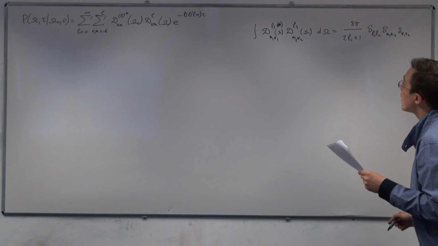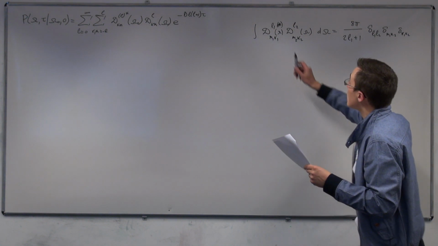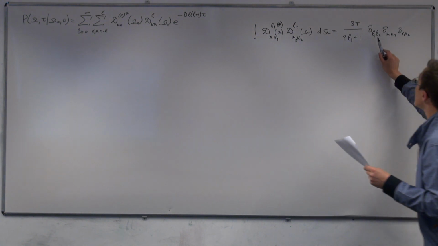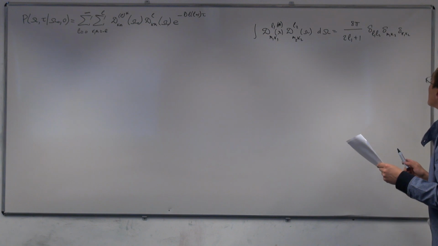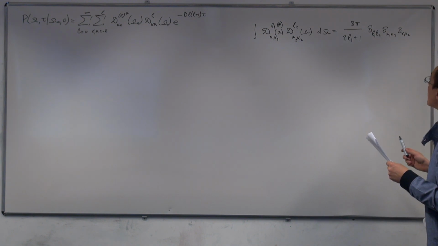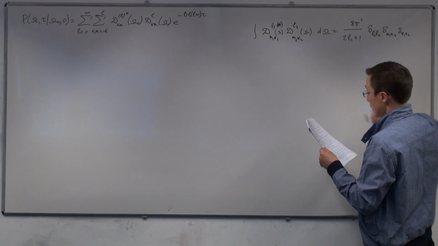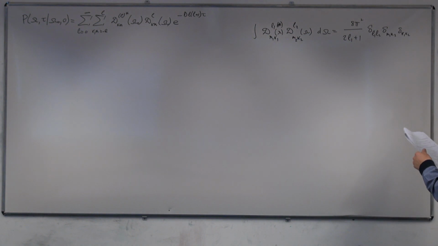In other words, they are orthogonal with respect to all three indices. So if any pair of indices doesn't match, we get a 0. If they do match, we do get this 8 pi squared over 2L plus 1 number.